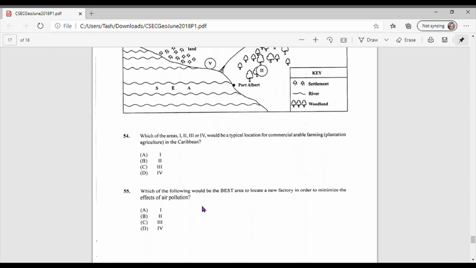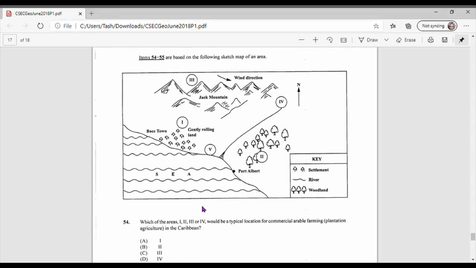So in that case, the best one would have been right here where it is right in the way of the wind direction, where the wind is going to take the exhaust from the factory away from the area. Also, the trees here would assist in cleaning the air. So we can't put it here because we would be removing the trees, which would cause a lot more problems.